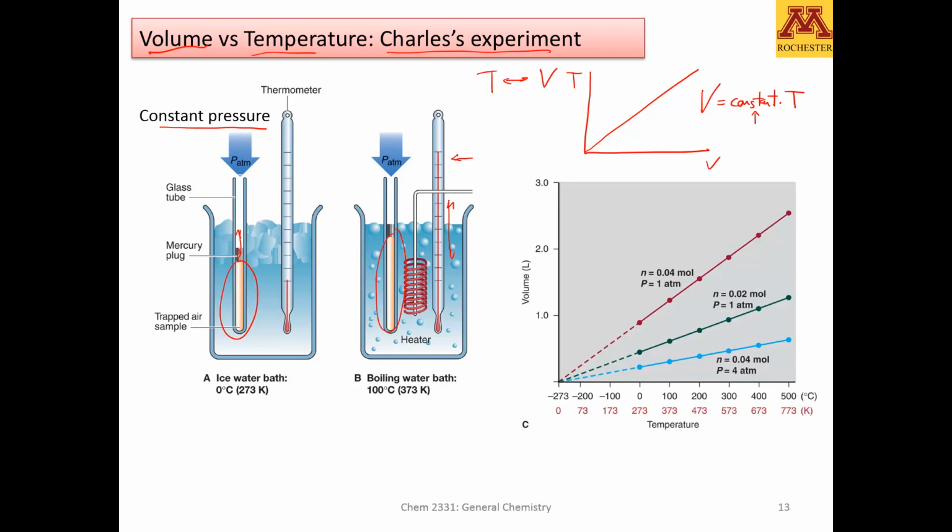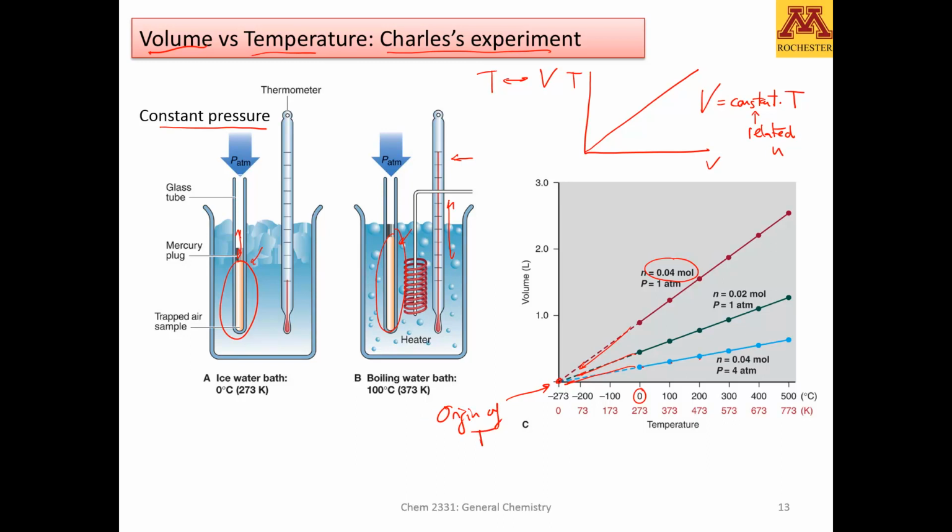What he saw as well, and as you see in this graph, is that depending on the number of moles of air that you would put in this small tube, you would have different slopes. So this constant is related to the number of moles. Of course, he was not able to put it under, in this case, 0 Celsius, okay? But he saw that all these points pointed to a common point in here, which is an indirect way to figure out the origin of temperature.